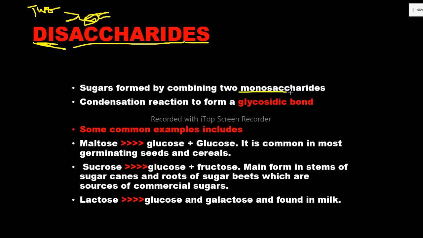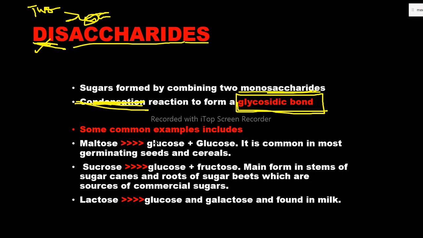Two monosaccharides combining together form what we call a disaccharide. They are formed as a result of a condensation reaction between the two monosaccharides to form a 1,4 glycosidic bond. And it is this 1,4 glycosidic bond that keeps the two monosaccharides condensed together.